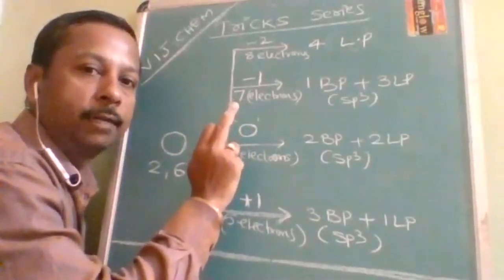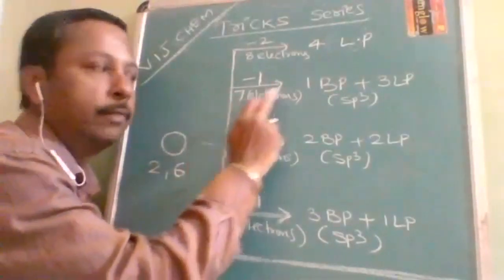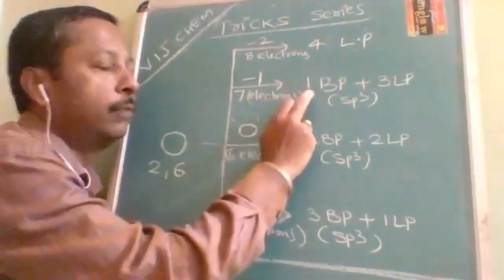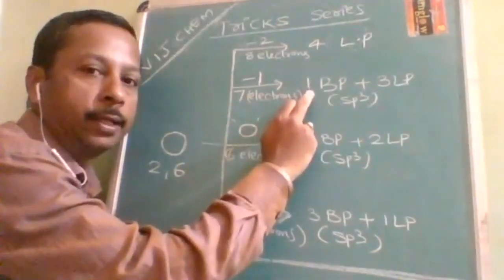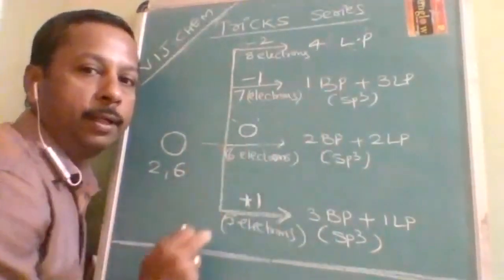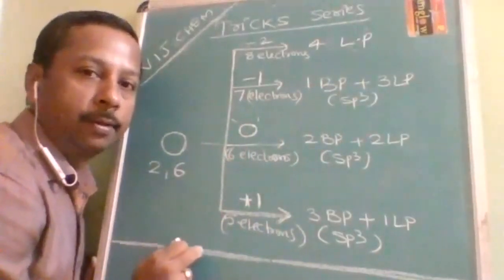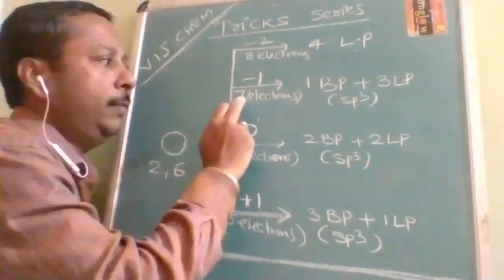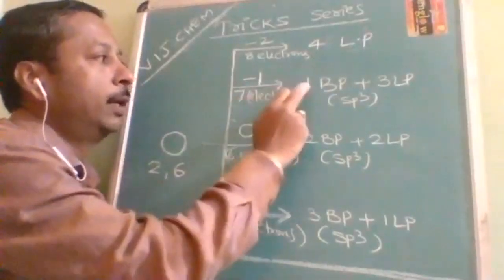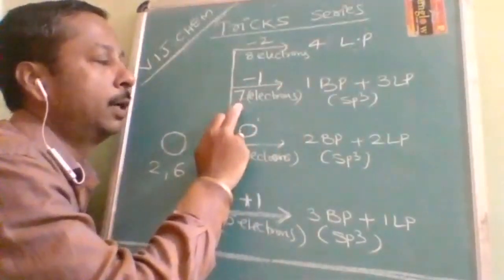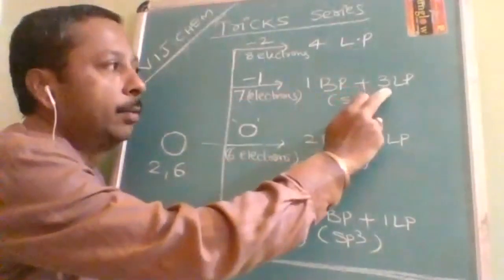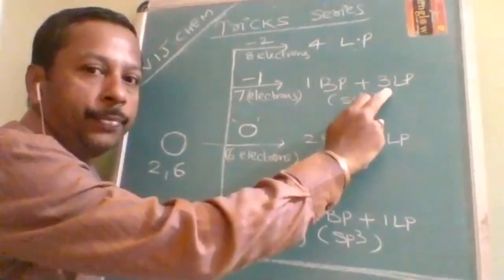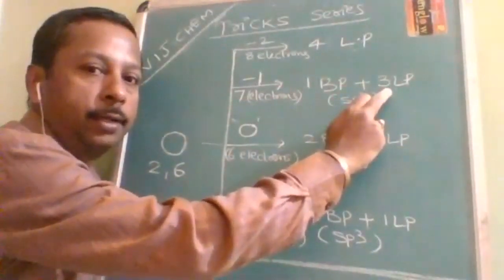That means out of 7 electrons, 1 will be used in bond formation. That will be 1 bond pair. Then the leftover is 6 electrons, which will make up 3 lone pairs.